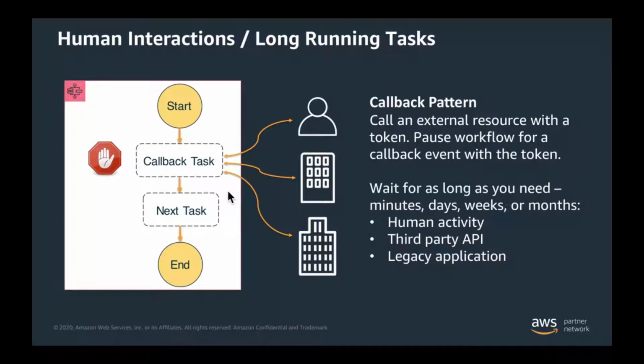And then when using the Step Functions AWS SDK, if you make a call, I believe it's called send task success, and you pass that token back to Step Functions, the workflow will continue. And along with that token, when you pass it back to Step Functions, you can also provide other data, which you can then bring into your workflow and use as part of your workflow. So this is a great way to work with legacy applications as well, and have them driven by a Step Functions state machine.